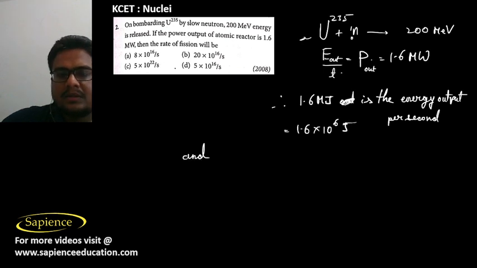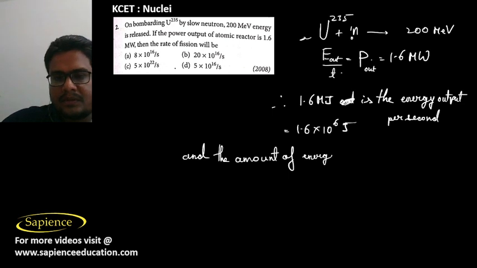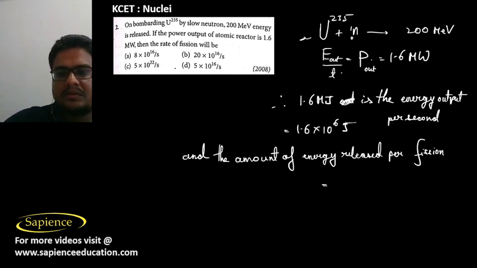And for one fission reaction, the amount of energy released per fission reaction is equal to 200 mega electron volt.